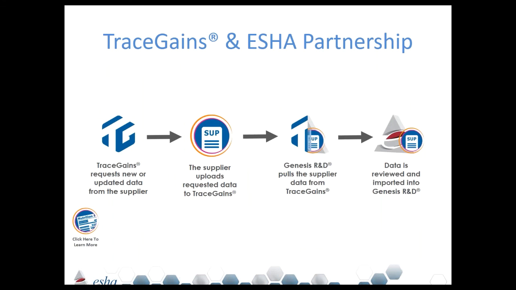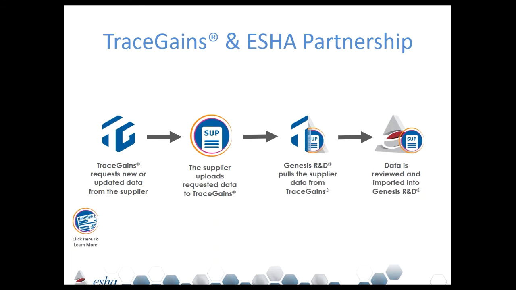As Ben was mentioning, what this allows us to do now is, after we've collected the documents and the suppliers have uploaded them into TraceGains Network, the second key thing we do is extract all the necessary data off the documents. We extract all the values for all the nutritional attributes, for example, sodium, calcium, and so on, and put that into a true database.